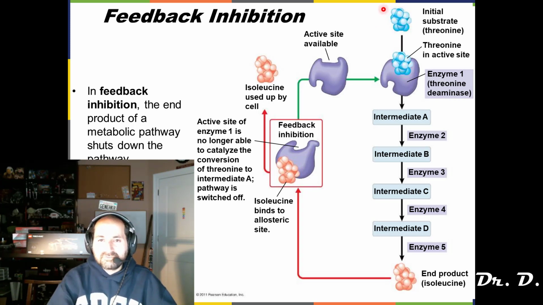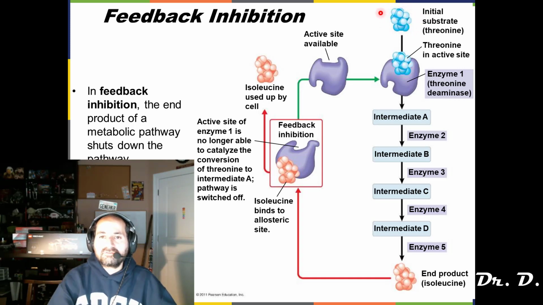Look, when you convert an initial substrate through a number of enzymatic steps called the metabolic pathway to an end product, that end product can actually feed back and serve as an inhibitor for the very enzyme that started its production. You see that? So in this case, again, what's happening?